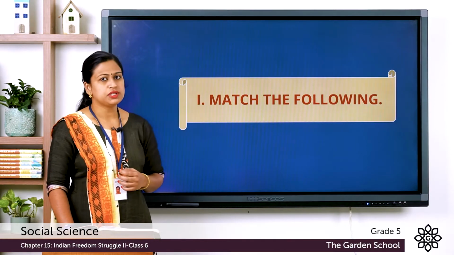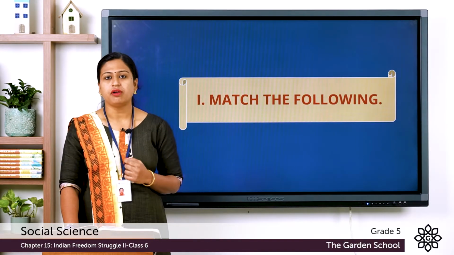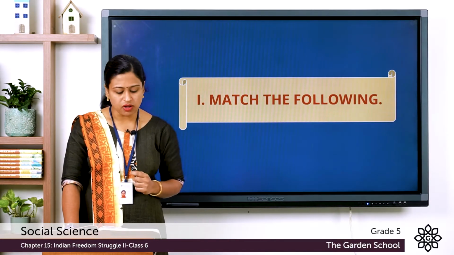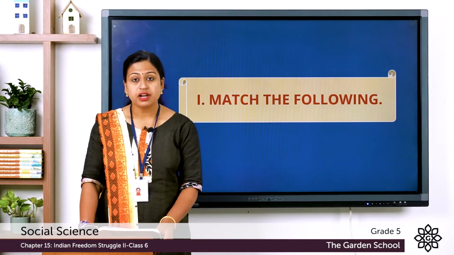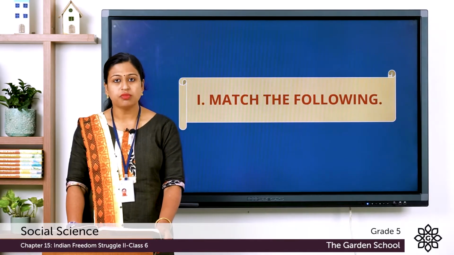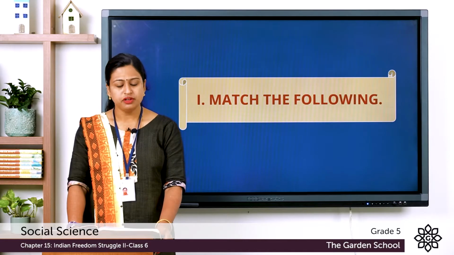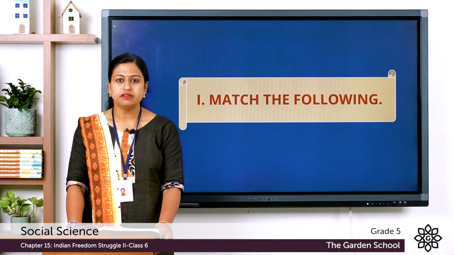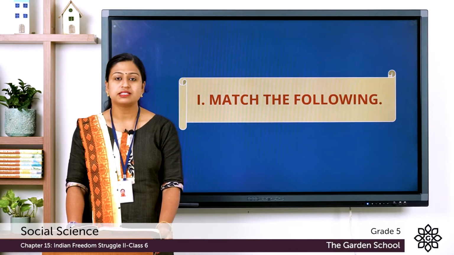Here the first question is match the following. You can see the first column. The first one is revolt, second one boycott, third revolutionary, fourth civil disobedience, fifth Swaraj.